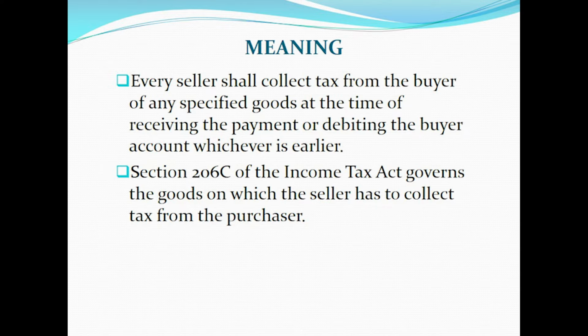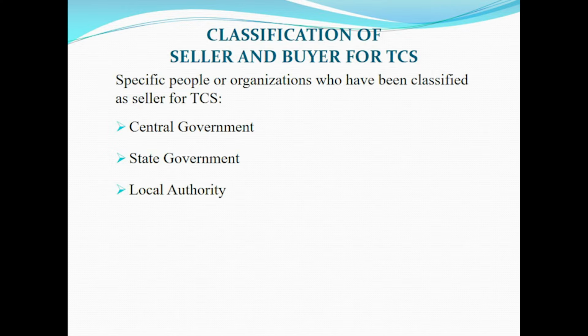Moving on to the classification of the seller and the buyer for the purpose of tax collected at source. So, there are specific people or organizations who have been classified as seller for TCS purpose. Who are those?